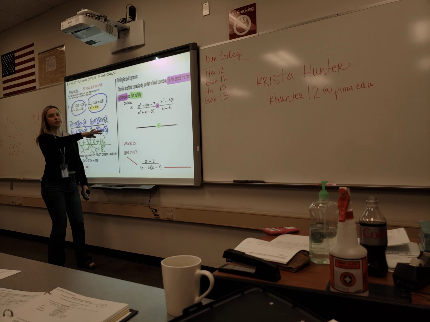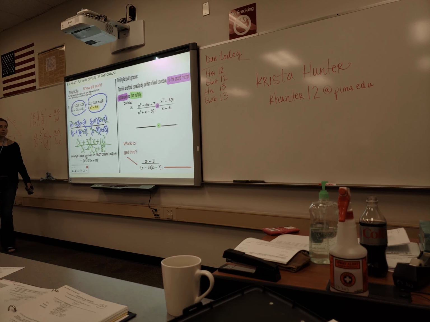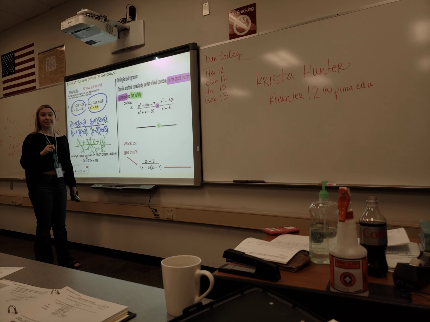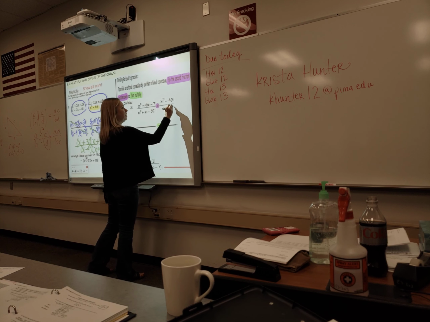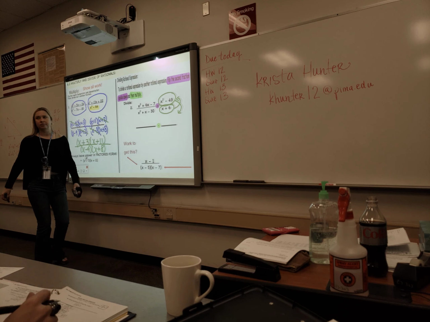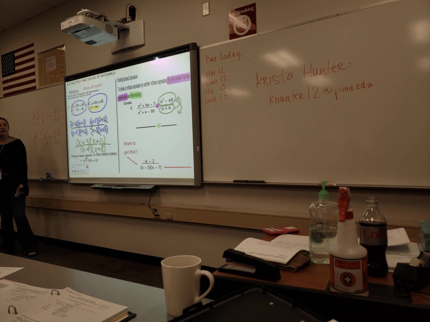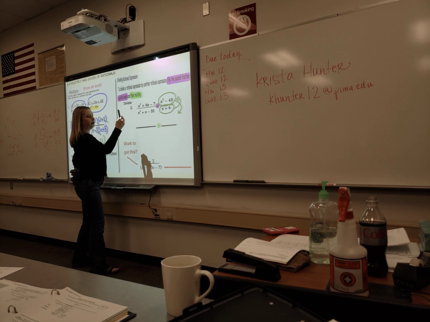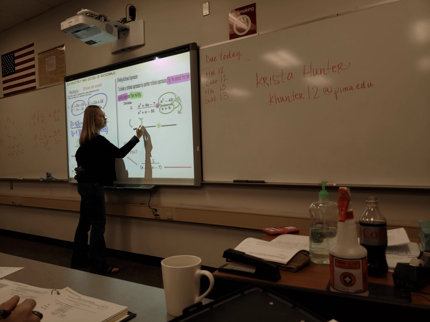Let's move on. We're gonna do a division. If you remember, when we have a division, we take the second guy and we flip him upside down. If we multiplied it, we would just undo our work, wouldn't we? Yes. Okay. So this x plus 6 is going up top, and this x squared minus 49 is going down below. That's what that means. So when we make our factors, we write out our factors of the first guy.